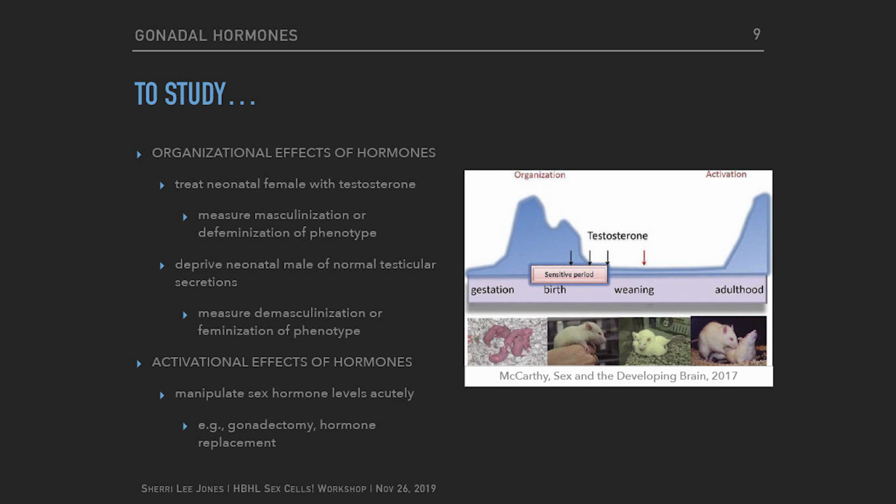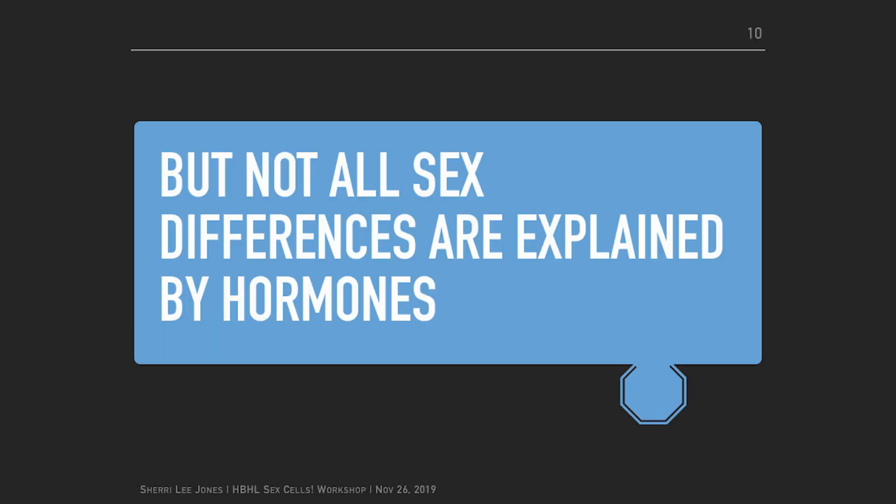Or you can deprive neonatal males of normal testicular secretions by gonadectomizing them early in life, or administering, for example, androgen receptor blockers so that testosterone cannot have its effect. Or you can look more in adulthood, to block or manipulate the activational effects. For example, you can gonadectomize the animals and or replace the hormones, so giving hormone replacement. This is classically how it's done.